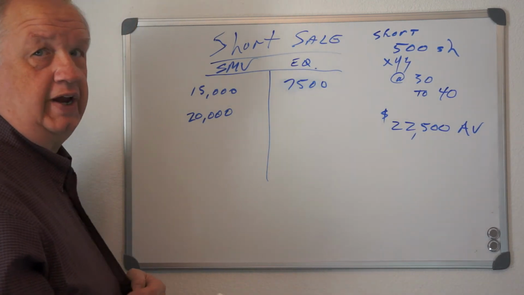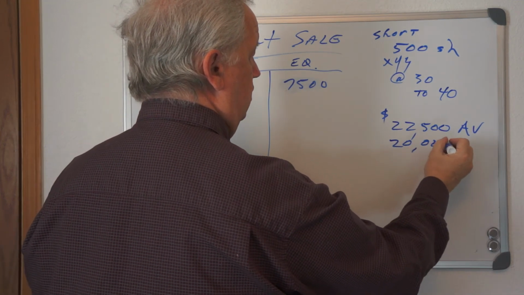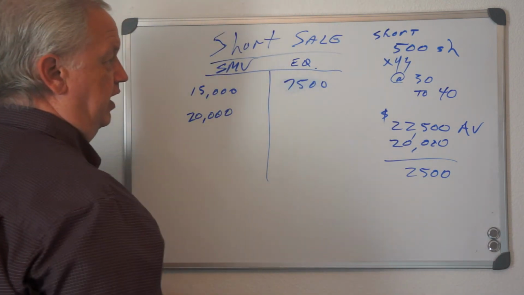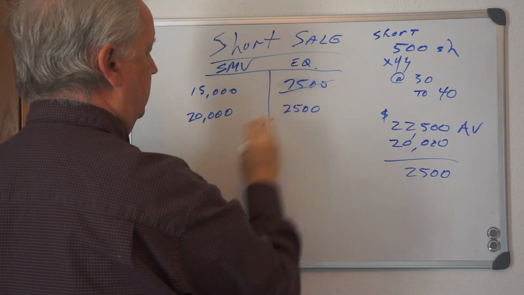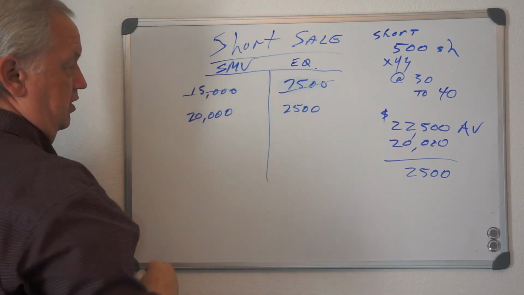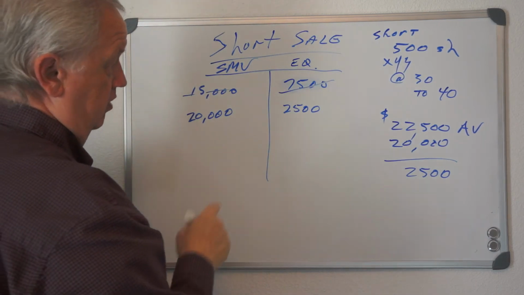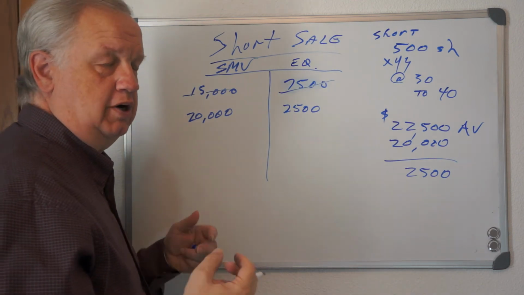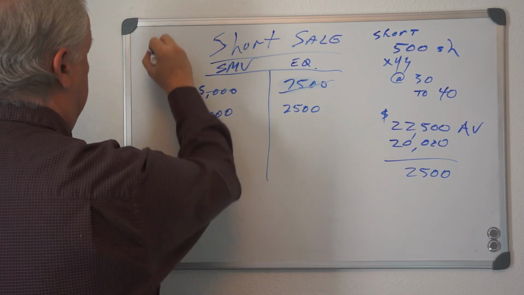How much is in your account? 22,500. That's your equity. Now your equity is down to 2,500. You no longer have short market requirement then. You have an obligation to pony up 20 grand in that account. So your margin level is now 30%.